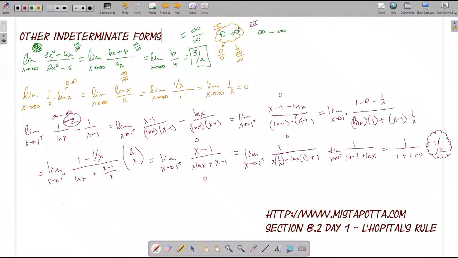So these are 3 of my indeterminate forms, but in fact, there are a whole lot of indeterminate forms. I could have a situation of 1 to the infinite power, because 1 to any power should be 1, and anything to the infinite power should be infinite. So which is it?